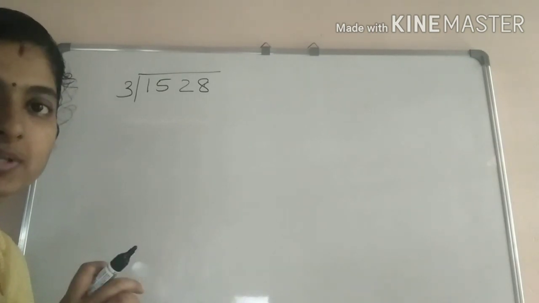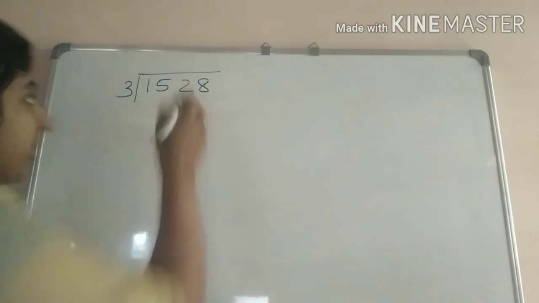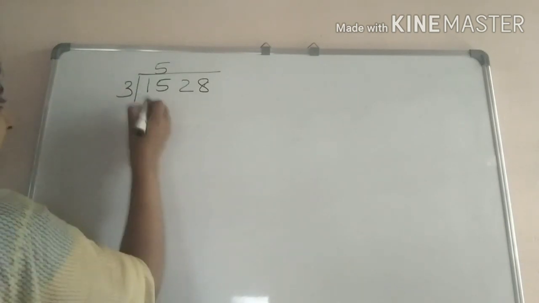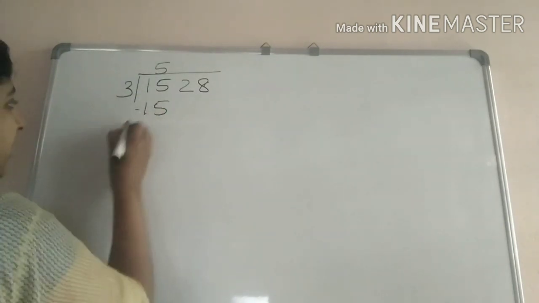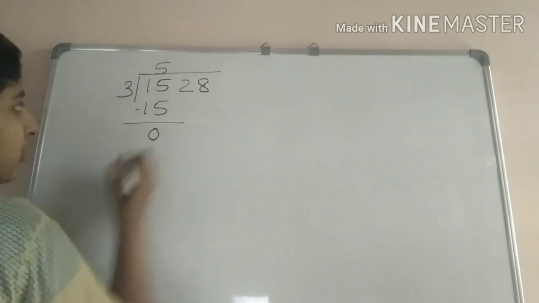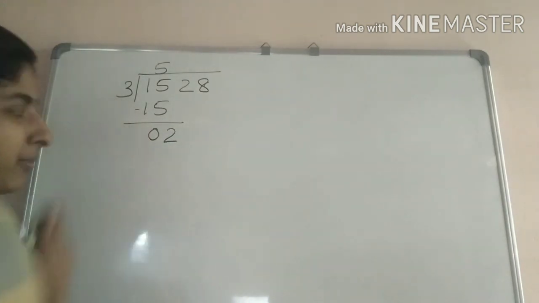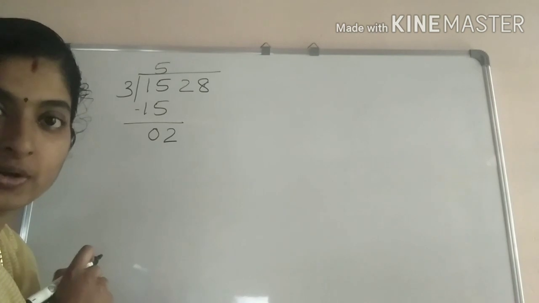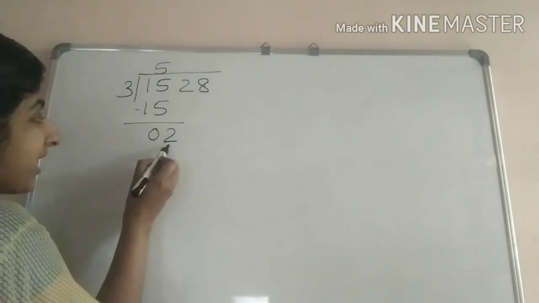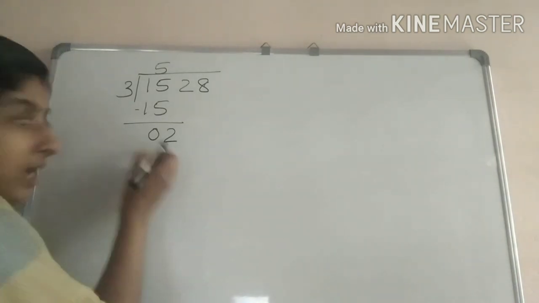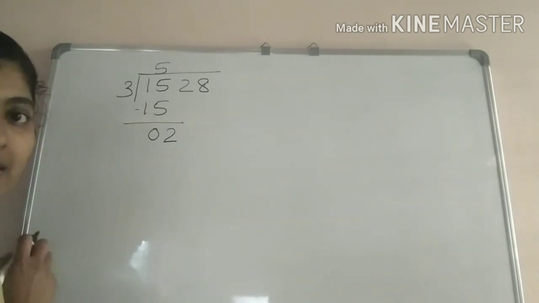Yes, 5 3's are 15. 15 minus 15, answer is 0. This 2 is here. 2 divided by 3. Is it possible? No, because this 2 is smaller number comparing to this 3.